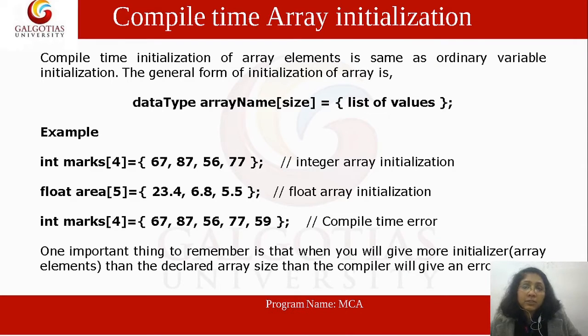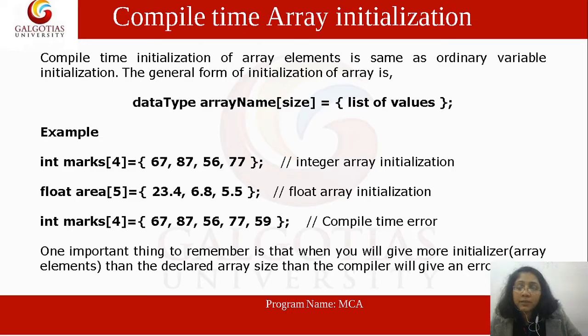The compile time initialization of array elements is the same as ordinary variable initialization. The general form that we use for compile time initialization is as stated in the presentation: your data type, for example float, whatever kind of data you want to store, then the name of the array and size, and during declaration itself, we write down the list of values with which you want to initialize.